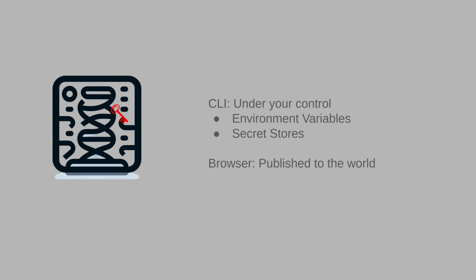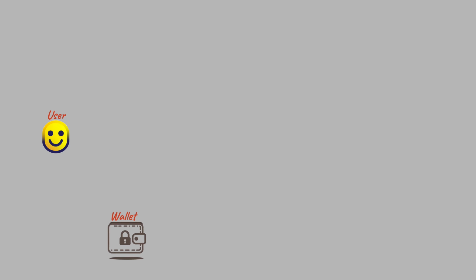But a browser dApp is published to the world. You don't want to publish your secrets to the dApp because it will be available to the entire world. And your users are unwilling to share their secrets with your dApp as well because they don't fully trust your dApp. The blockchain ecosystem has a nice solution to this problem.